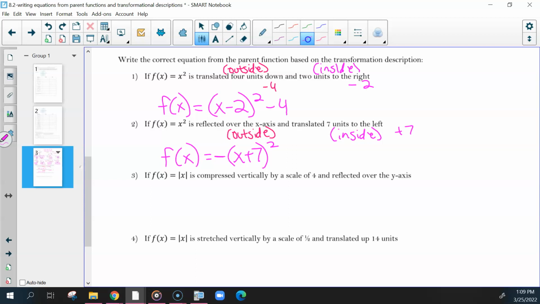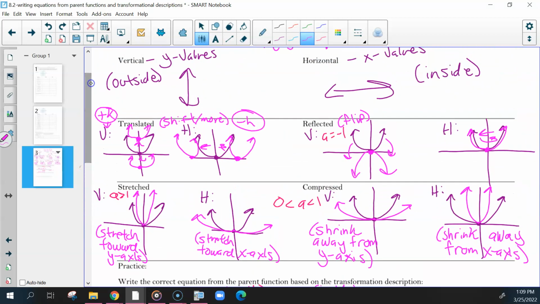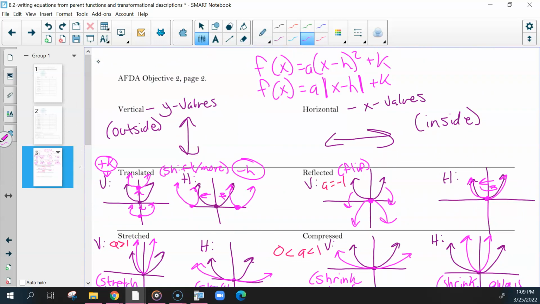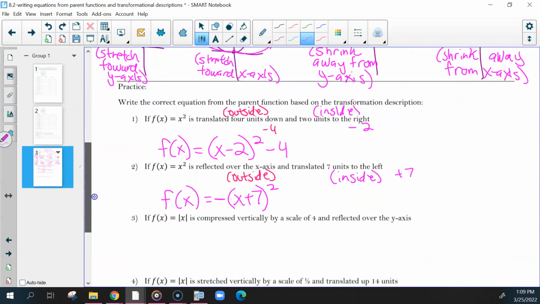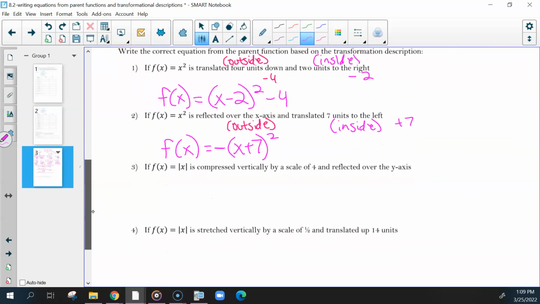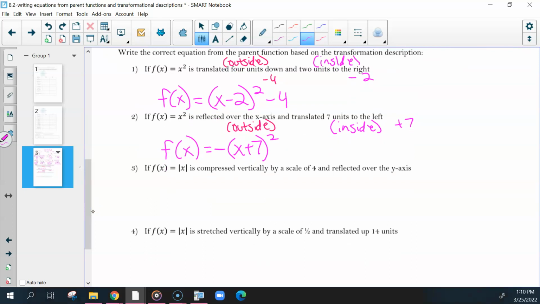The reflected over the x-axis. That a value on the outside. So right now, this value is 1, and number 1 is 1.